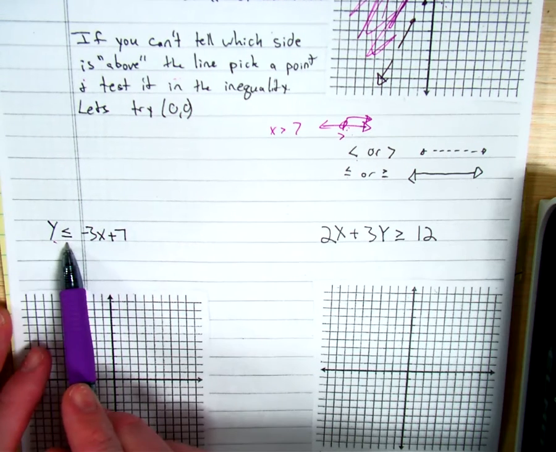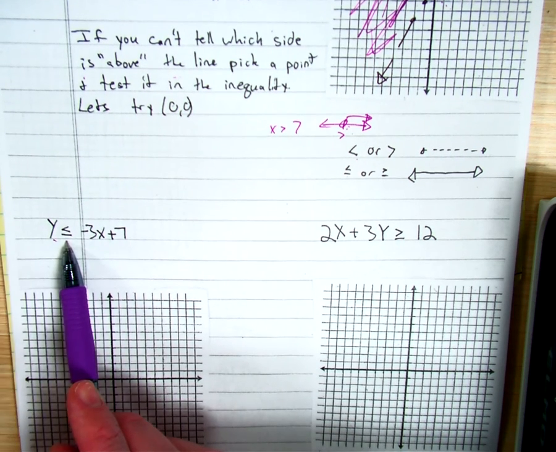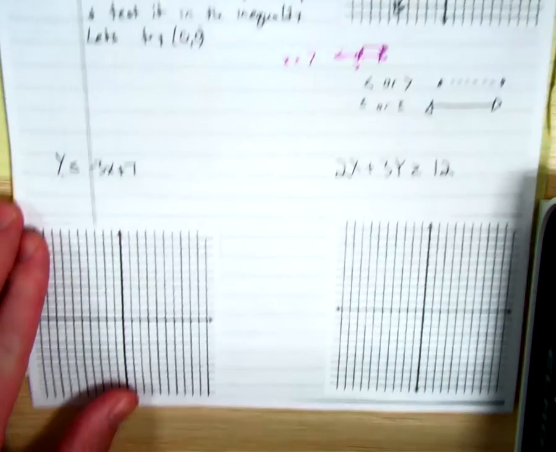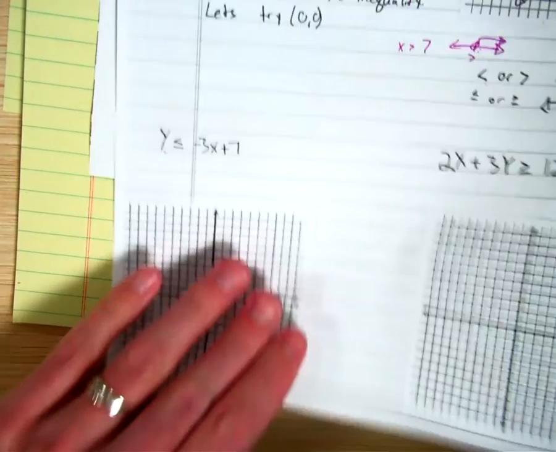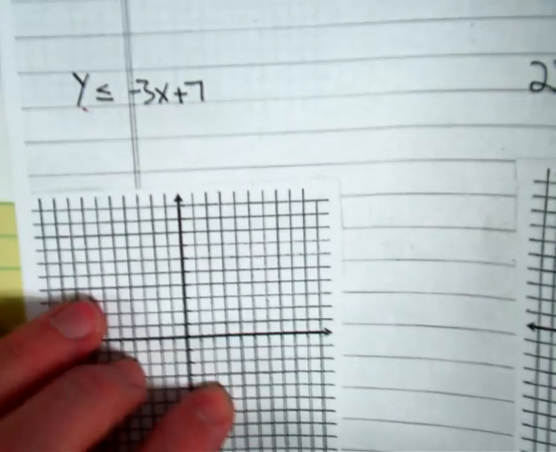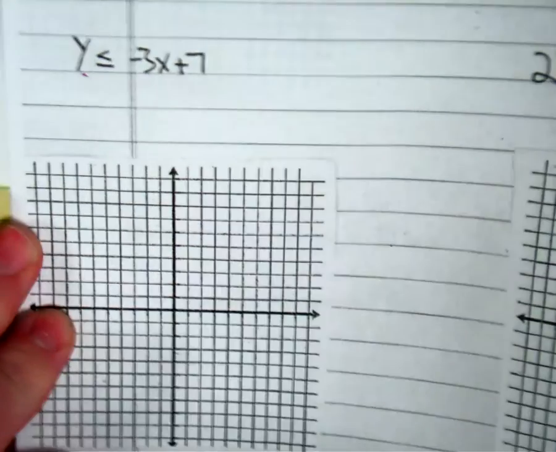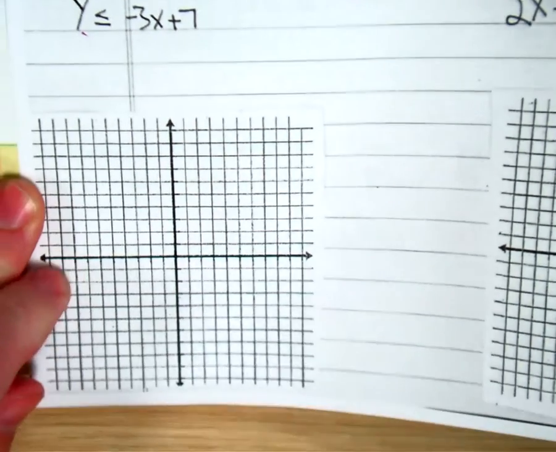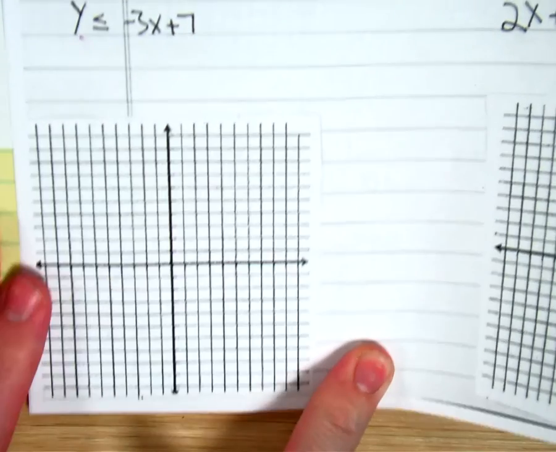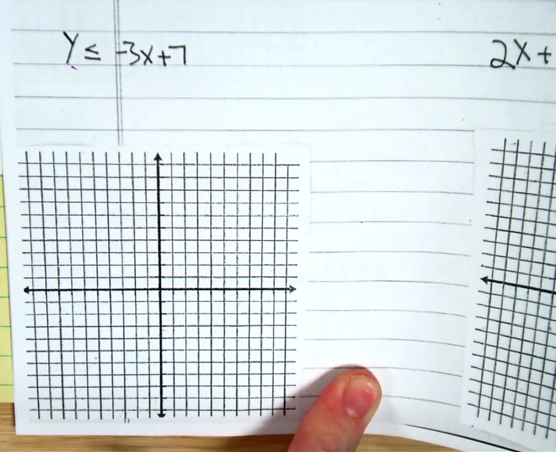So less than or equal to, greater than or equal to, we're going to graph with a solid line, and then we still have to think about where to shade. So I'll zoom in on that for you, and then you go ahead and push pause and figure that one out on your own.